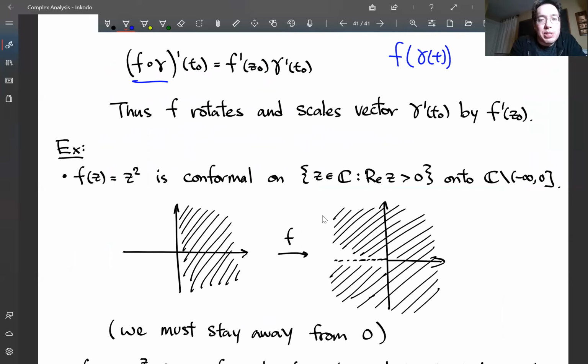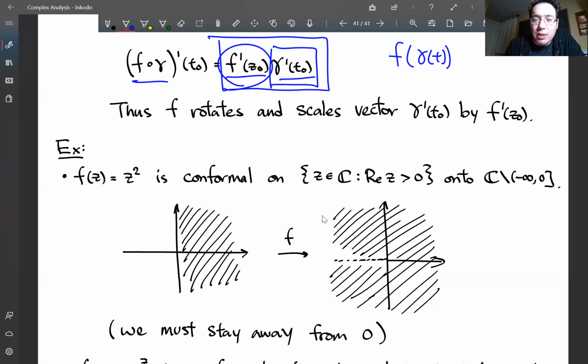To take the derivative, we just use the chain rule. So f prime of z naught times gamma prime of t naught. Notice how this is the tangent vector before the map, and the tangent vector after the map is just multiplying by the derivative at z naught.